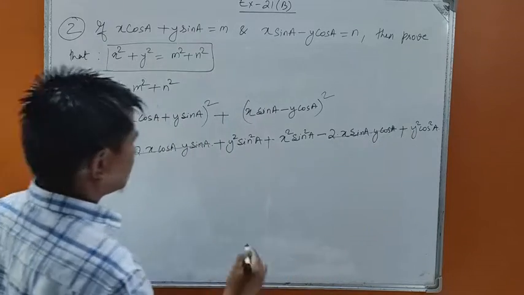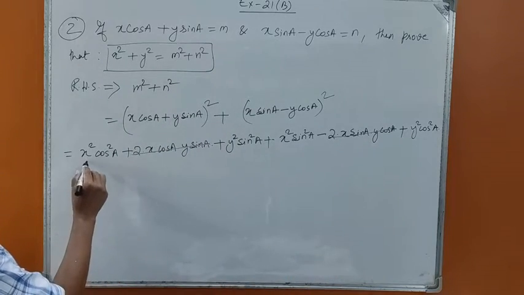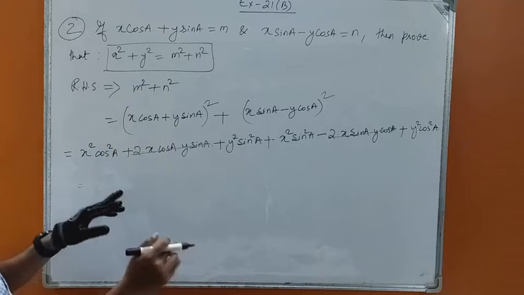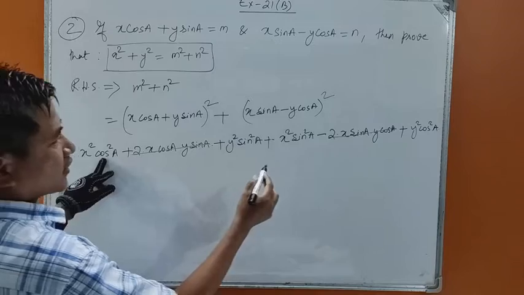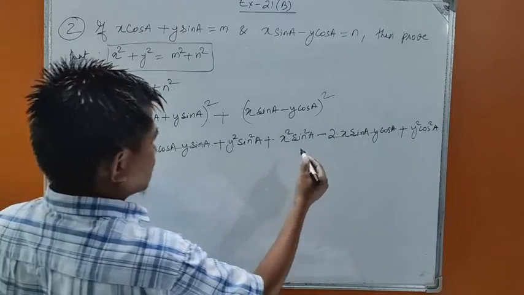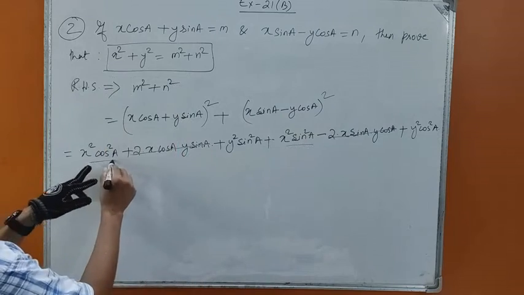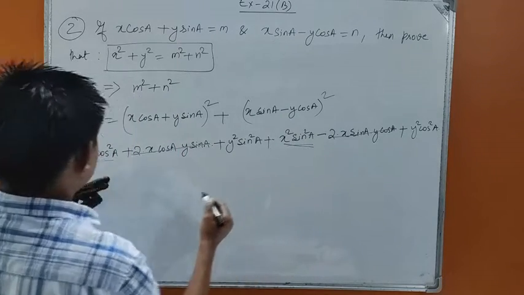Now let's make the angles similar. We have x square cos square a, x square sin square a.